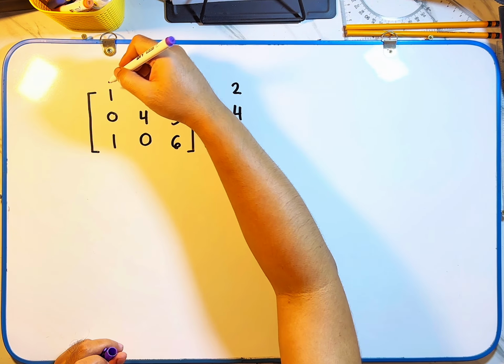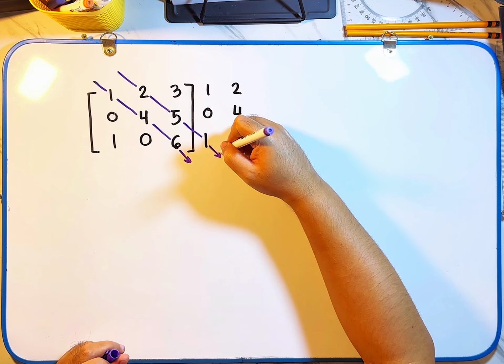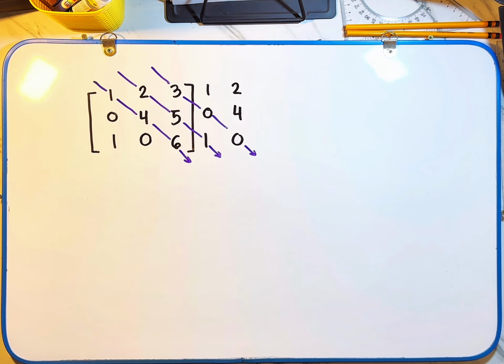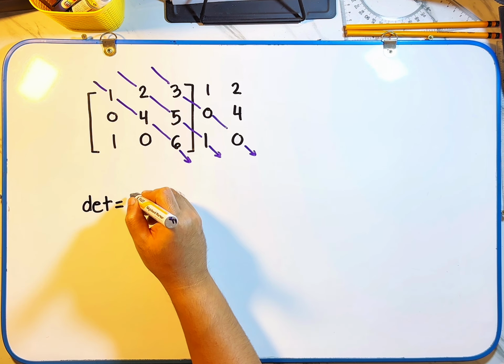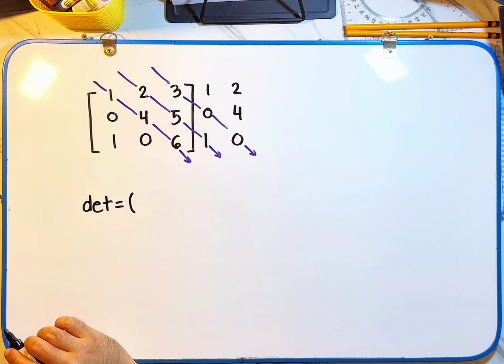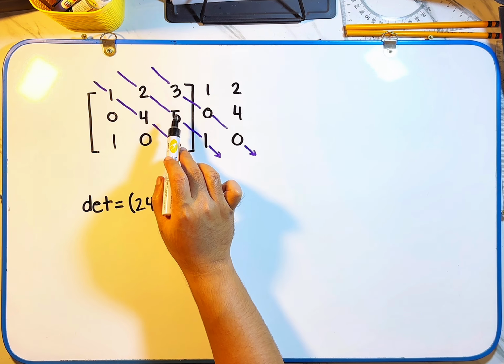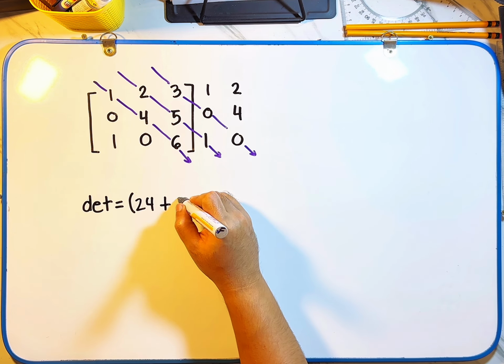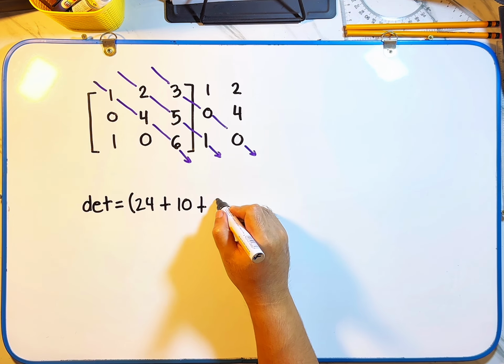Let's multiply. The determinant is equal to 1 times 4 times 6, that's 24, plus 2 times 5 times 1, that's 10, plus 3 times 0, that's 0.